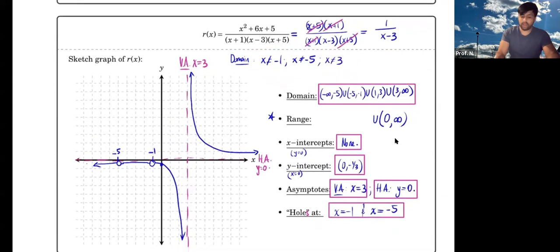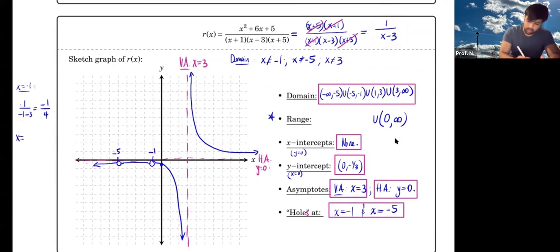So let's first figure out what those would be. We have a hole at -1. So what would it be if there was no hole? Wouldn't it be -1/4? Because I'm plugging into this function again. I'm plugging in -1 for x.